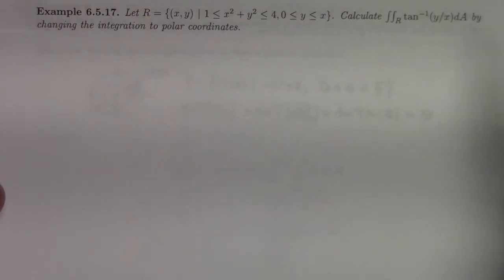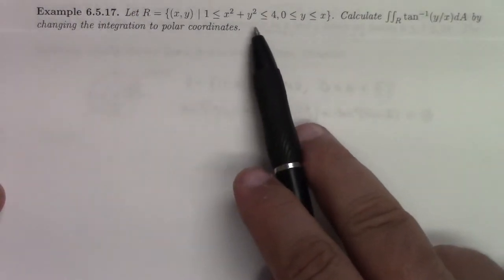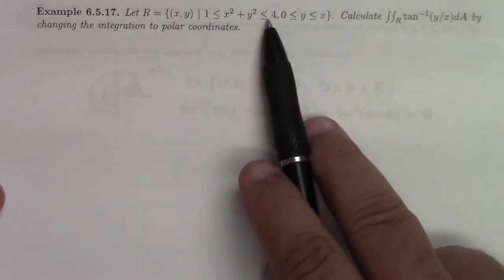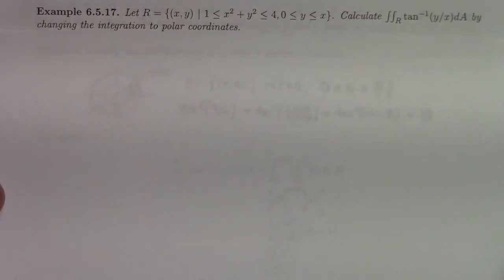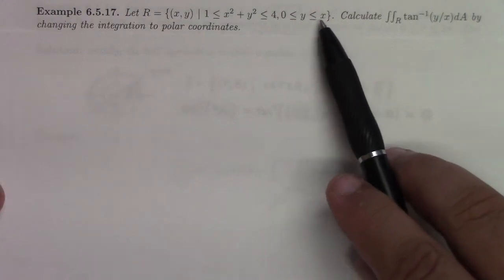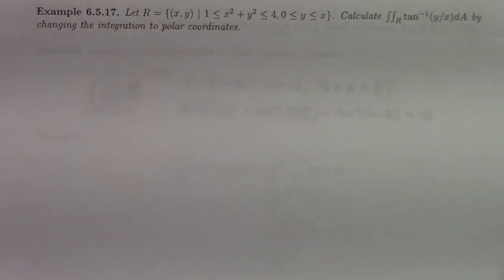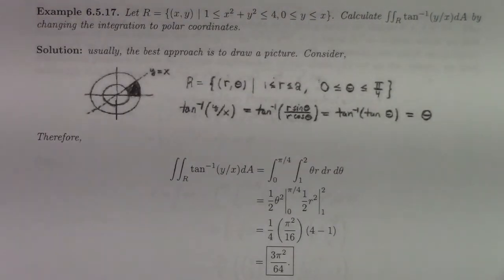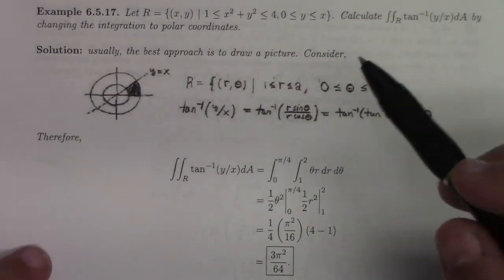And this region here is r squared going between 1 and 4, and y is between 0 and x. So a picture of that is you're on this annulus.